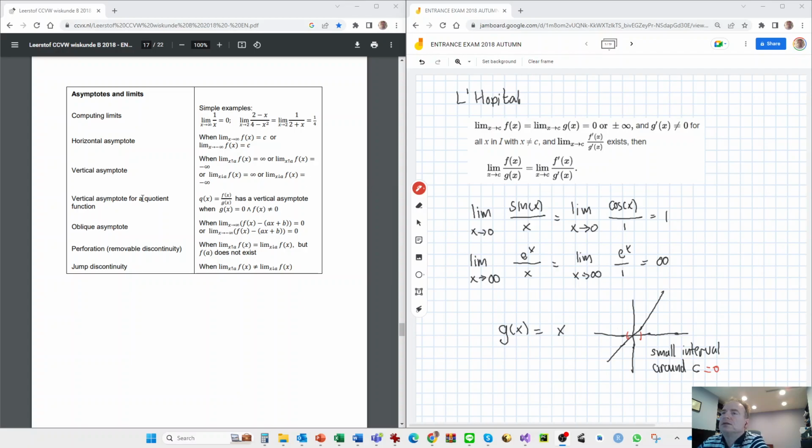About limits, I'm a little bit surprised L'Hopital is not mentioned, but that's required for certain situations, such as sine x over x.